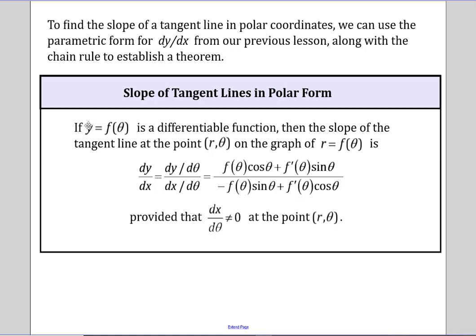So if we have some function y in terms of f(theta), and it's a differentiable function, then the slope of the tangent line at any point (r, theta) on the graph of r can be found by dy/dx, where dy/d theta is f(theta) cosine theta plus f prime(theta) sine theta, and dx/d theta is negative f(theta) sine theta plus f prime(theta) cosine theta. And that's all true provided that the denominator is not 0 at the point that we're interested in on that polar graph. So let's give this a try here.